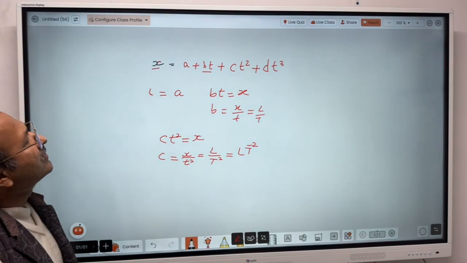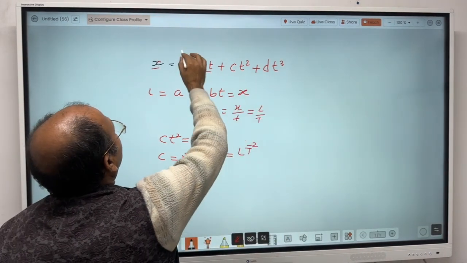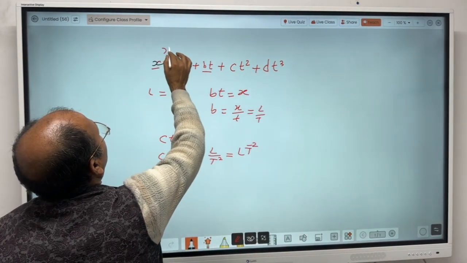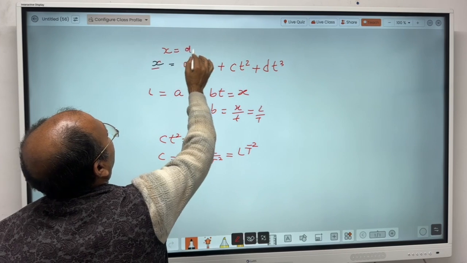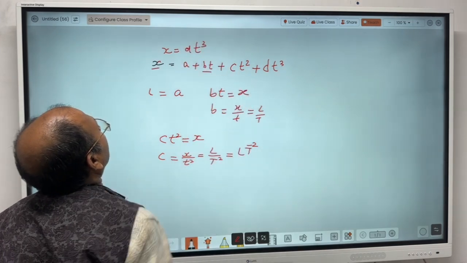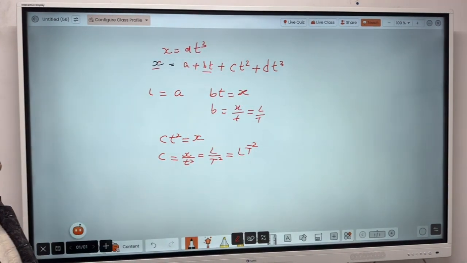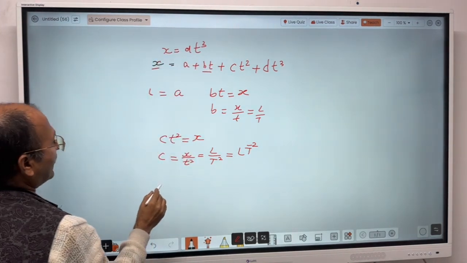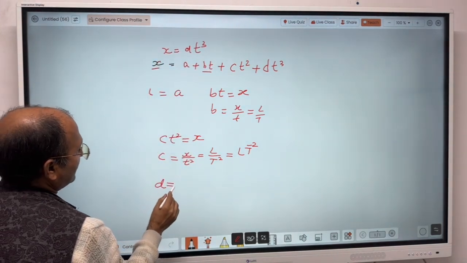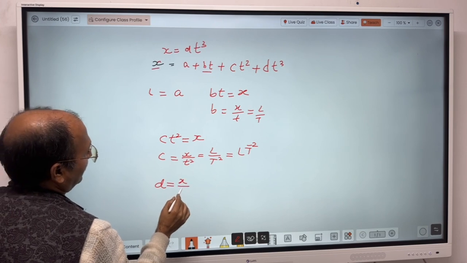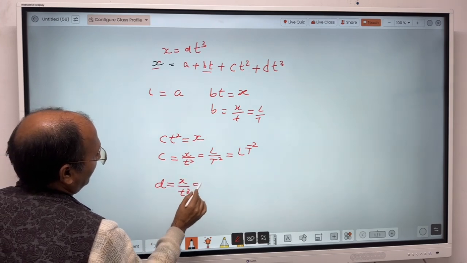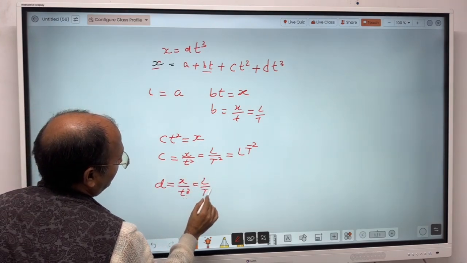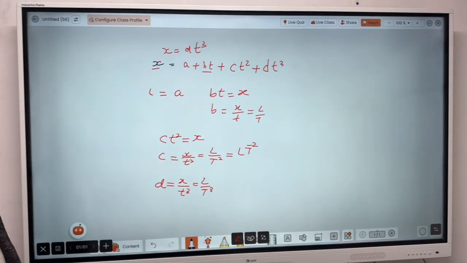If we consider the next term dt cube, that also has the same dimension, that is x equals dt cube. So we just put the dimensions of x and t. So d will have dimension x upon t cube, that is L upon t cube, or LT minus 3.